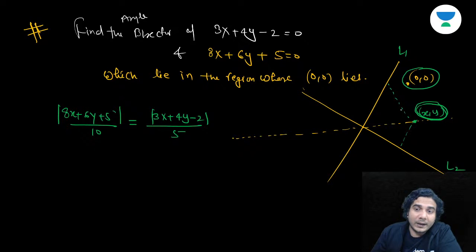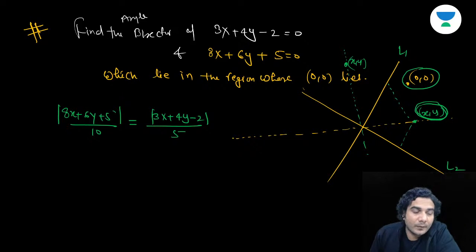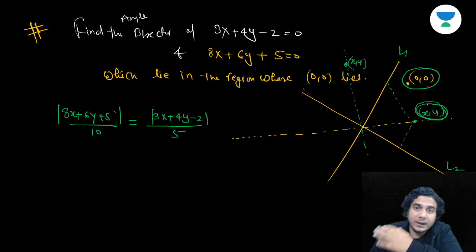While on the other bisector, where origin does not lie, x comma y and 0 comma 0 lie on opposite sides of L1 but the same side of L2. So see, how are we going to use this point? Because for our bisector of the region where origin lies, 0, 0 and x comma y lie on the same side.